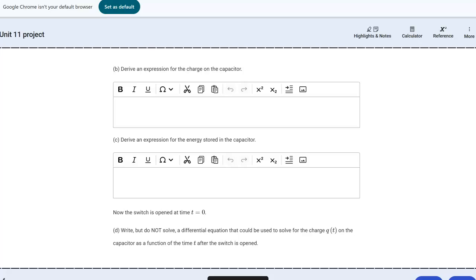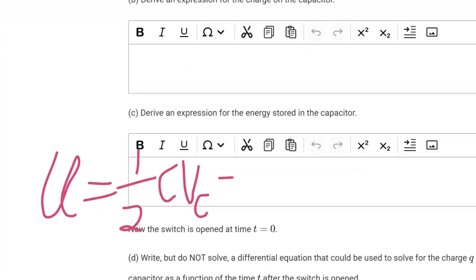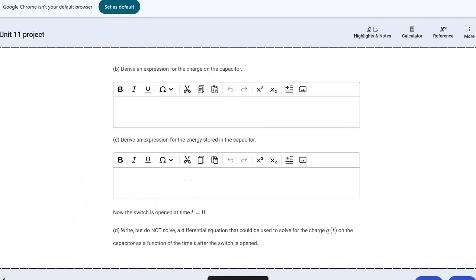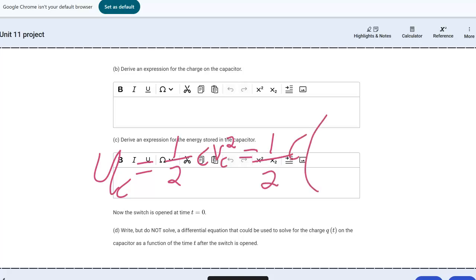Derive an expression for the energy stored in the capacitor. Well, we have this equation, one half C times 2V0 over 3, squared, because that's what we got for our VC previously.